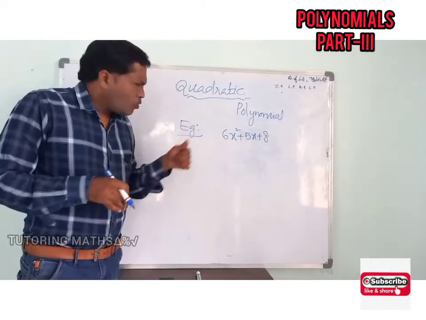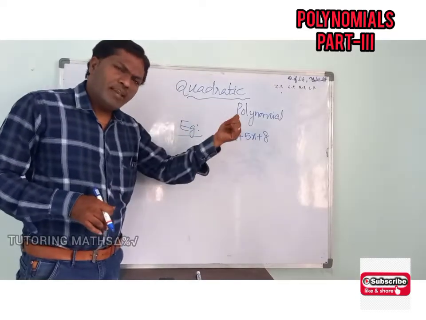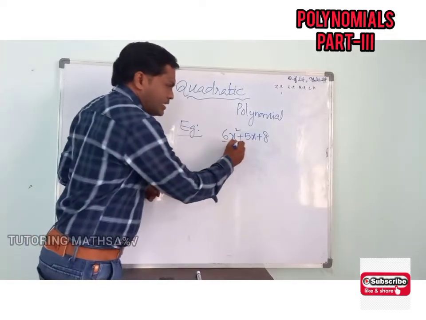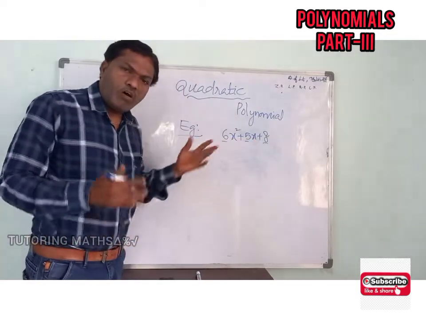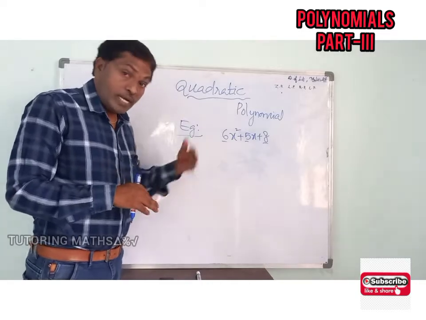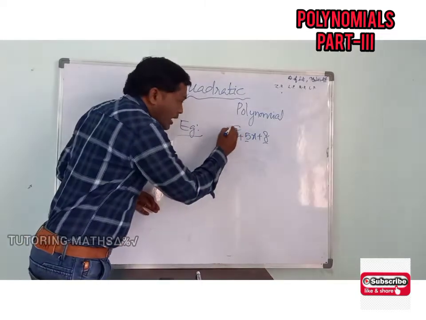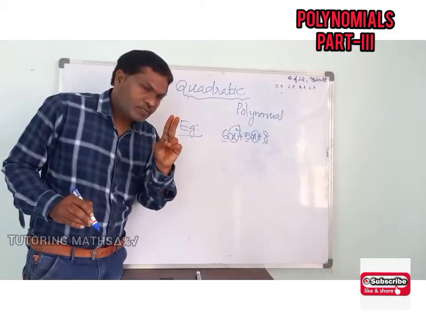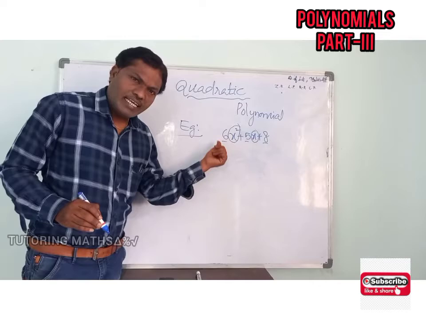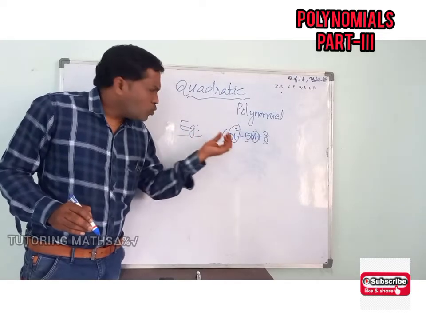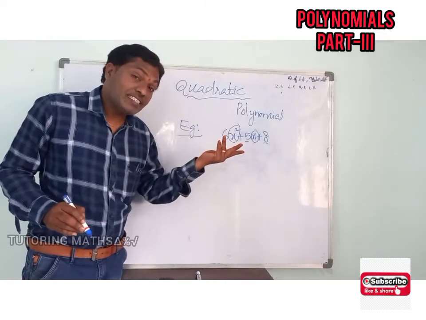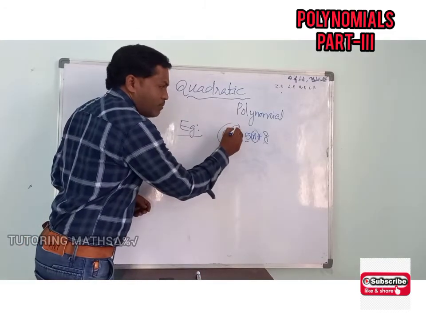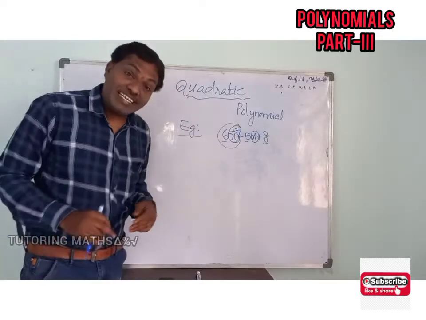Now tell me, what is the degree of this polynomial? The highest exponent of literal terms. 6, 5, 8, all those are constants. You neglect them. Coming to x square and x, there is only one variable. In this, whose exponent is highest? The first term's variable exponent is the highest.